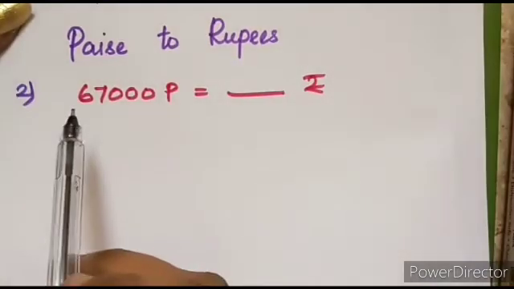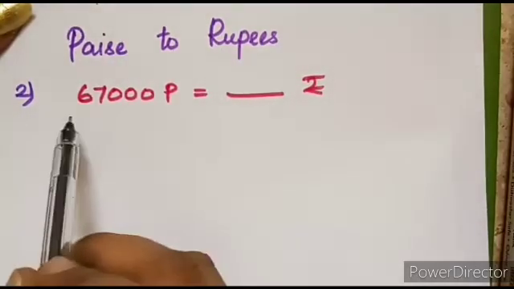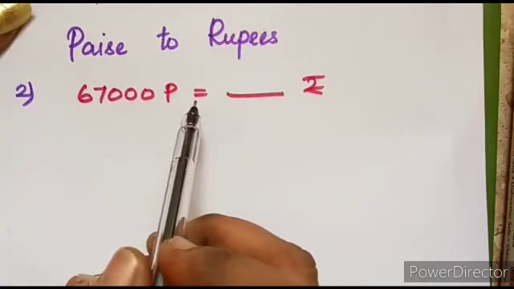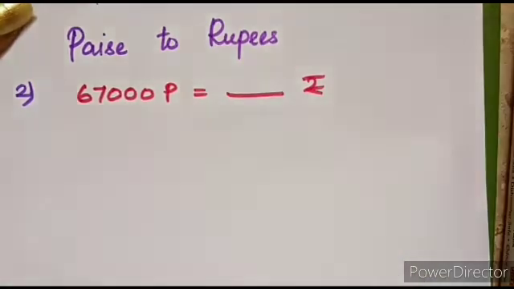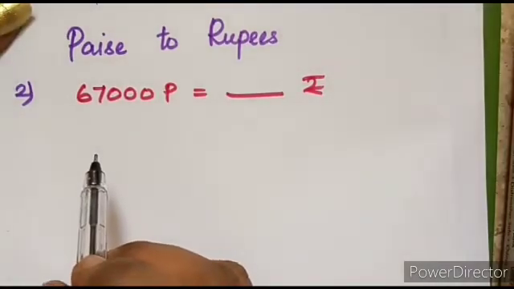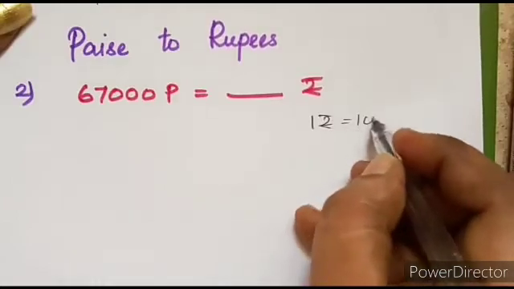Next, paise to rupees. Second: 67,000 paise is equal to dash rupees. What we want to do here: we know that 1 rupee is equal to 100 paise.